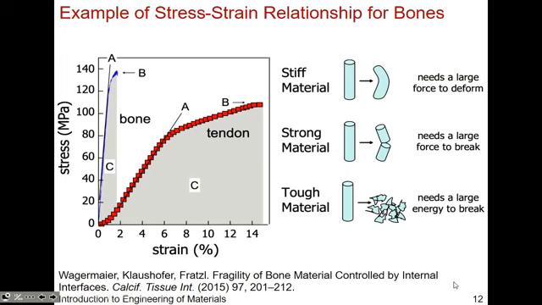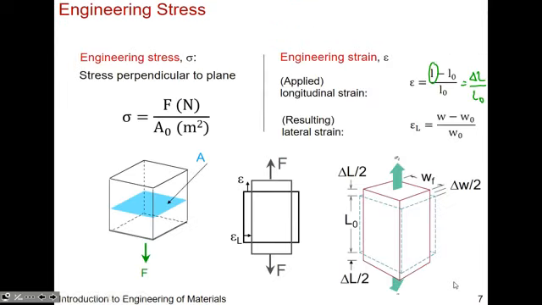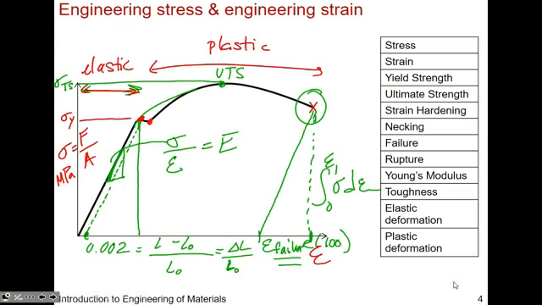Okay, so we went through a lot of the terms. Let me just go back before slide 12. We ran through quite a bit of terminology to start off Chapter 6 on mechanical properties, and these are the terms that we'll go into depth on today, particularly for the elastic deformation region as well as plastic deformation.